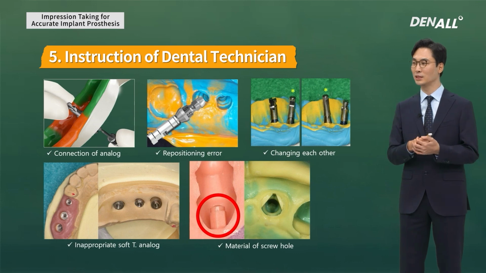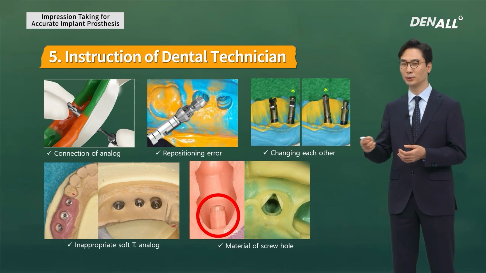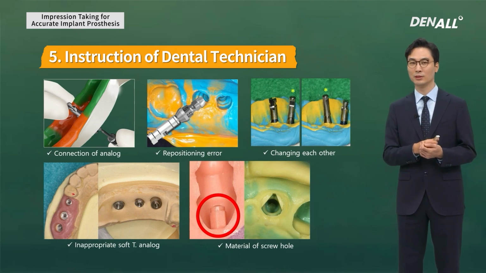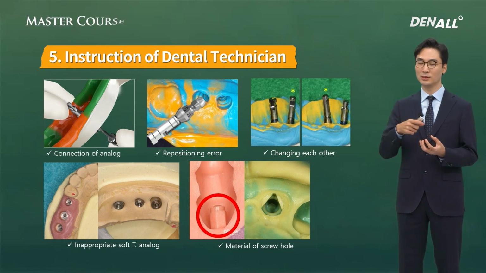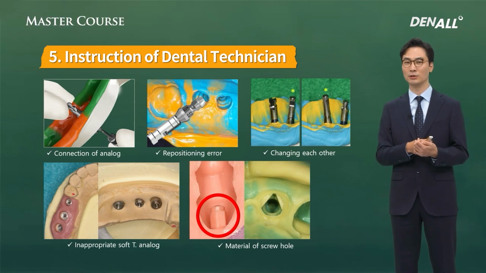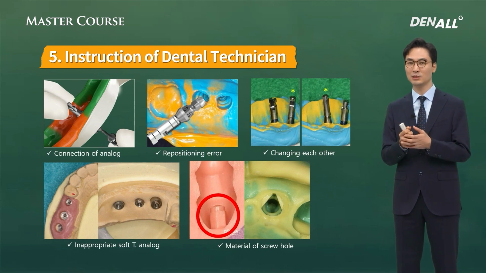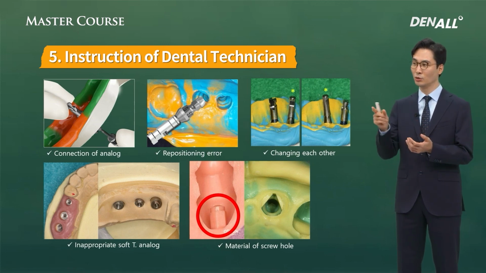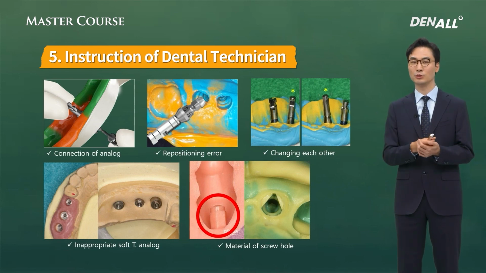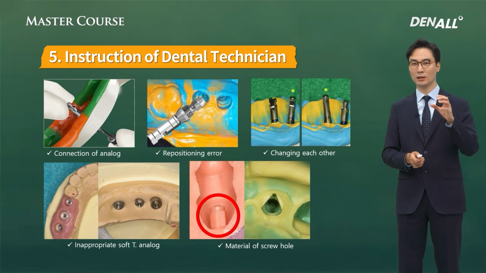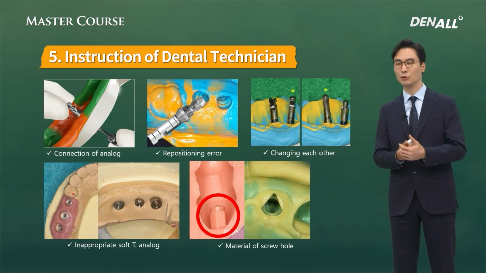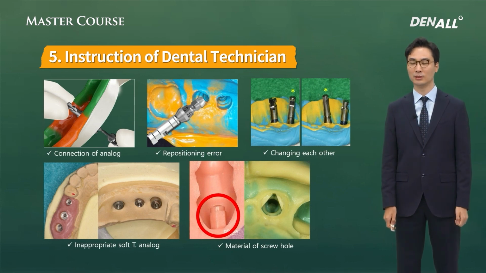When you don't block out the screw hole after taking the impression, the impression material can stick out, and this can be a cause of repositioning error. You need to block out first, or if you have not done that, you can use tools like sharp tissue forceps to remove it so that it does not interfere when the transfer coping is repositioned.